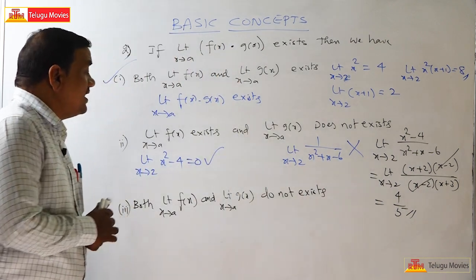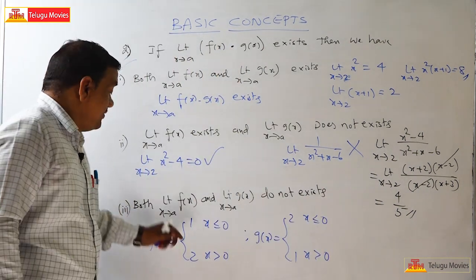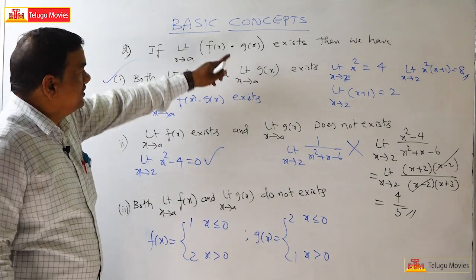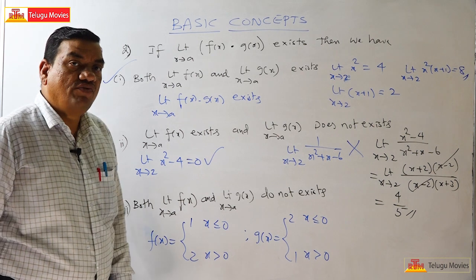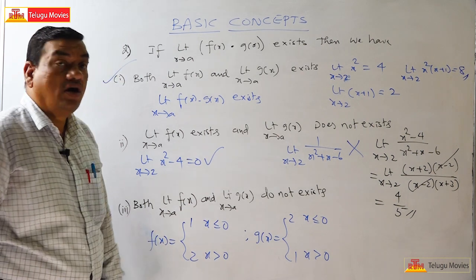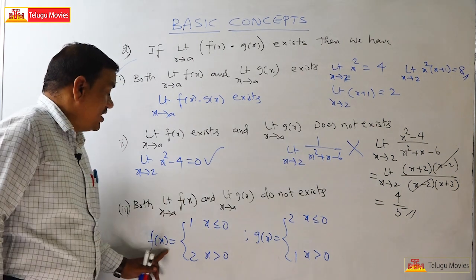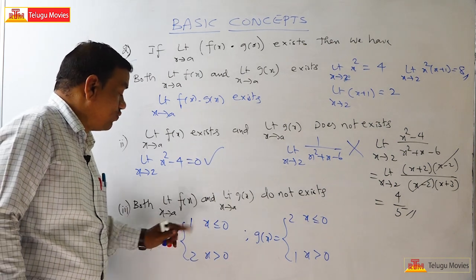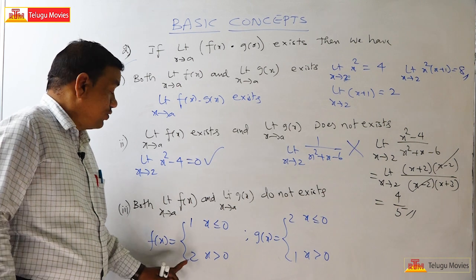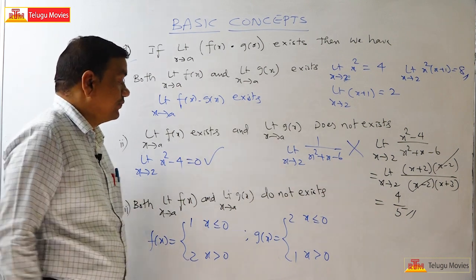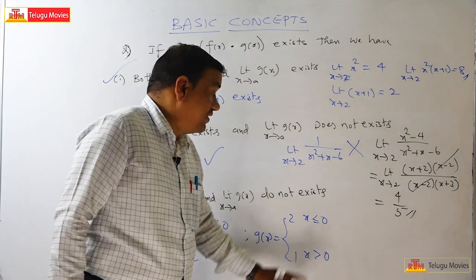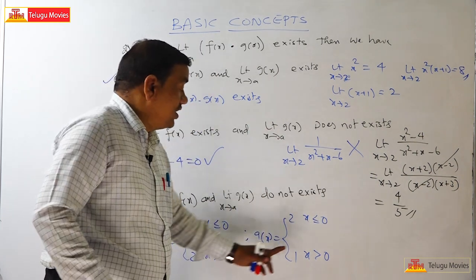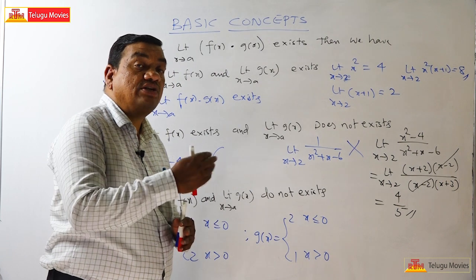Now let us see the third example. So here you see, even though both the limits do not exist, f of x into g of x exists. Further, let us take one example. f of x is a function defined as 1 when x is less than or equal to 0, and when x is greater than 0, it is defined as 2. g of x is another function: when x is less than or equal to 0, it is defined as 2, and if x is greater than 0, it is defined as 1.